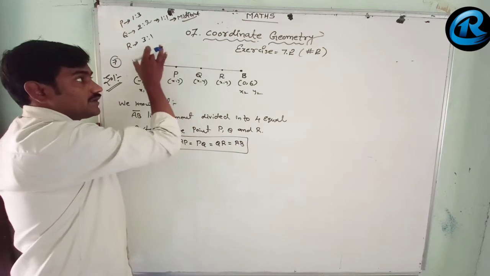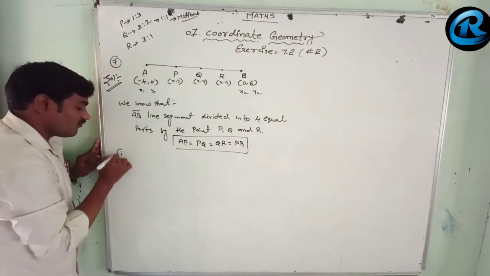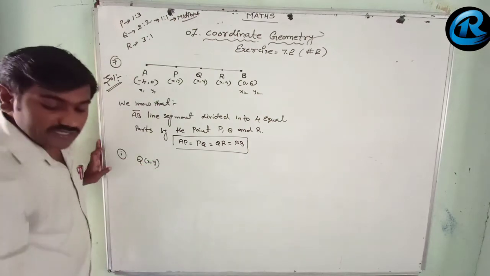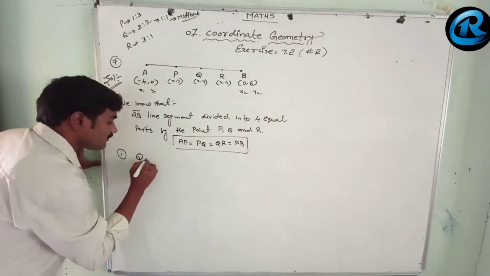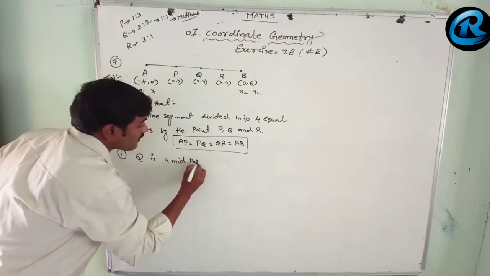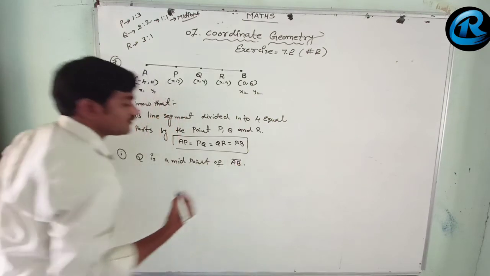Here Q is a midpoint of AB. We use the midpoint formula. First I will go for finding Q(x, y). Why? Because Q is a midpoint of the AB line segment.